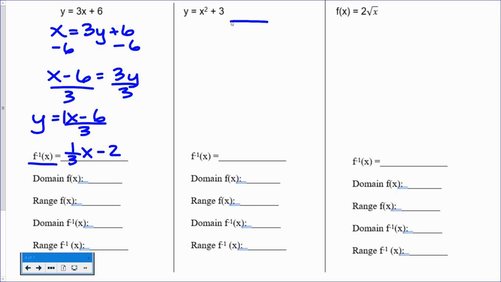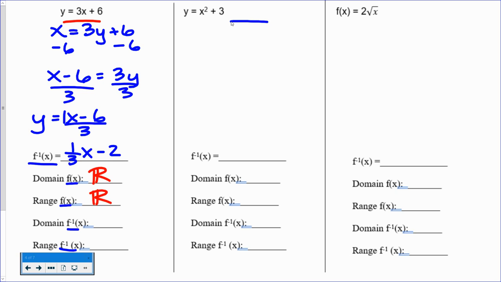Okay, so when we're finding the domain, make sure you're paying attention to domain of the original, range of the original, domain of the inverse, range of the inverse. Okay, so if I'm talking about domain first for my original function, y equals 3x plus 6, remember that just makes a straight line. So really your domain and your range would be all real numbers for both, okay?